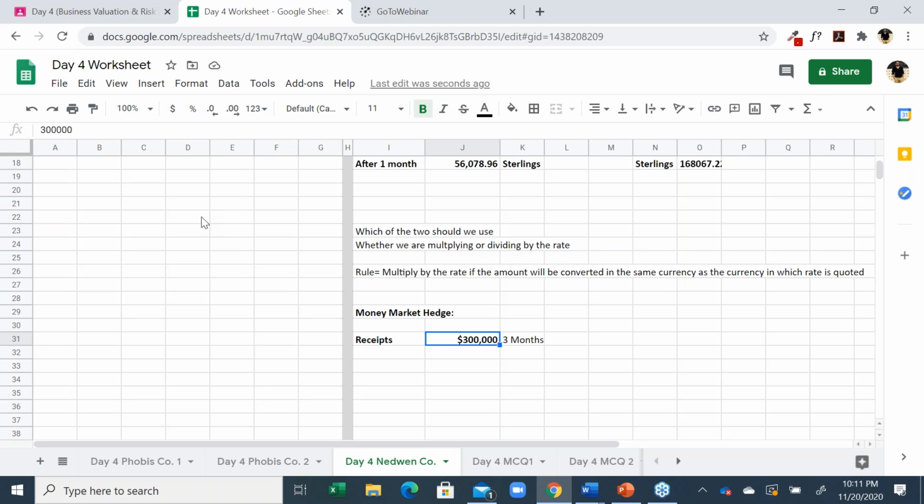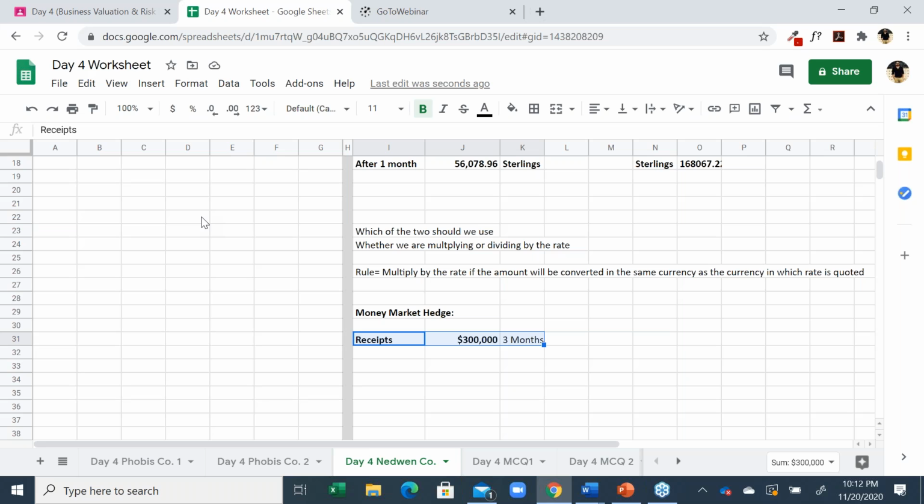And we want to use money market to be sure today what we are going to get in 3 months time. Okay, what should we do? Since we know that we are going to receive $300,000 after 3 months, if we need this amount today, but we know we are going to receive this after 3 months, what do we have to do if we need this amount today?